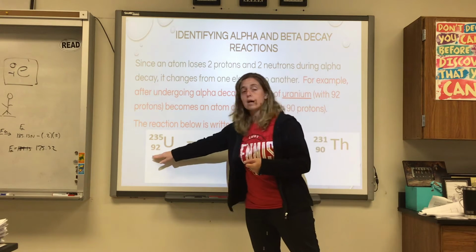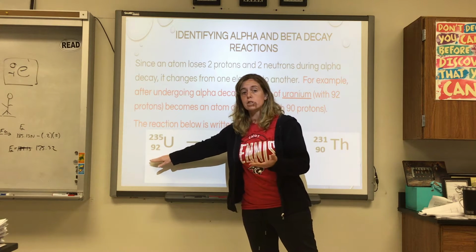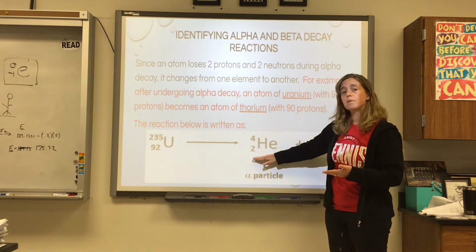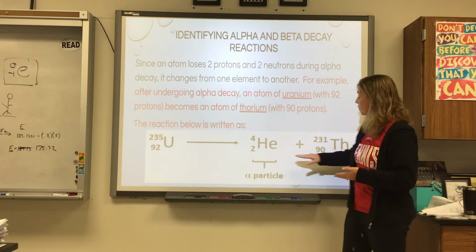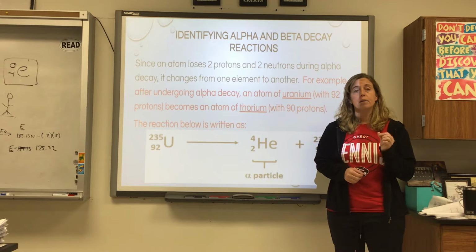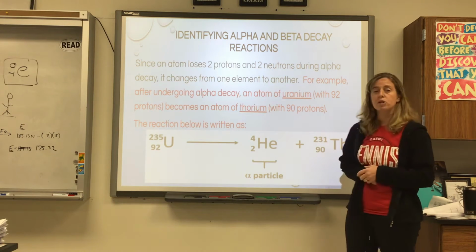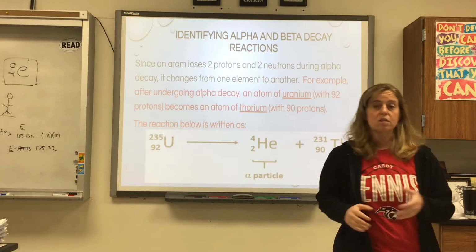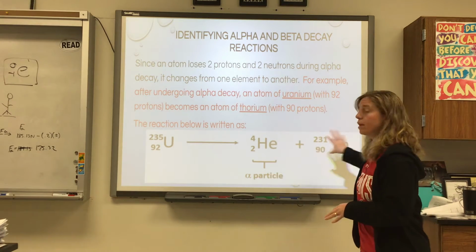Then I take the atomic number of uranium, 92, and subtract the atomic number of helium, giving me 90. Then I use my periodic table to look up element 90, and I write the symbol, which happens to be thorium. So this is the full reaction of an alpha decay.